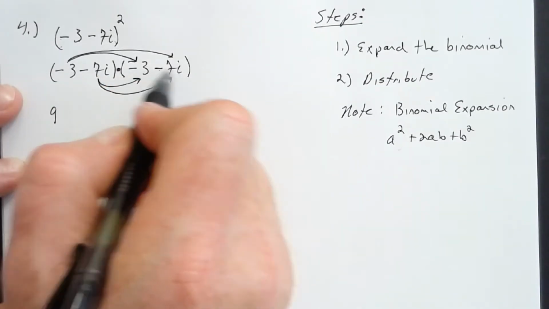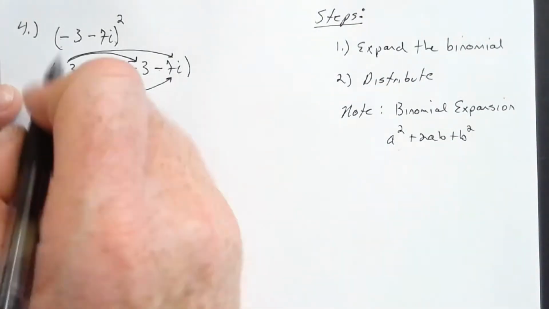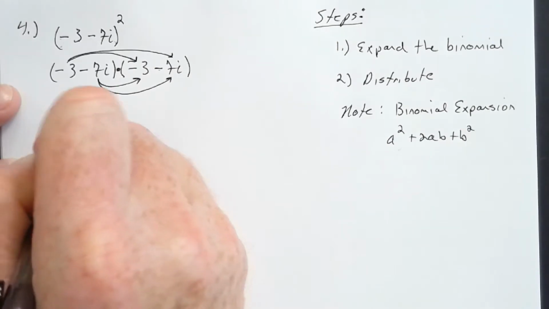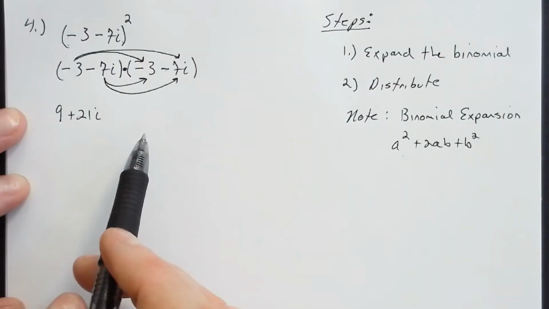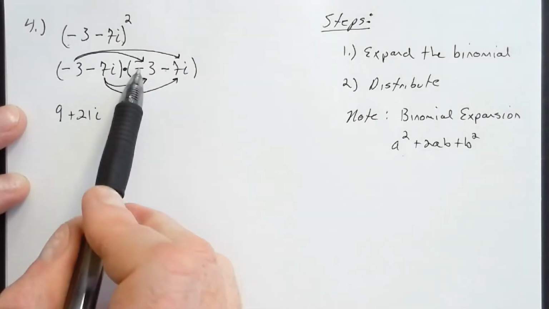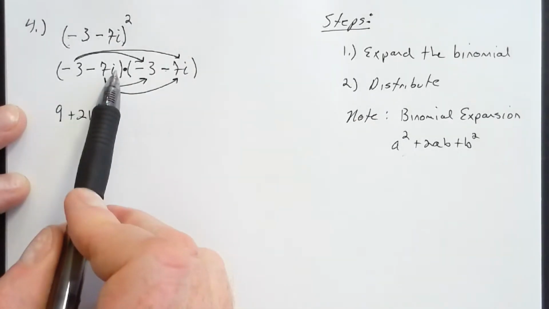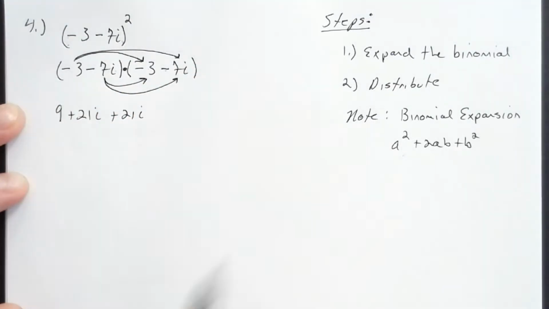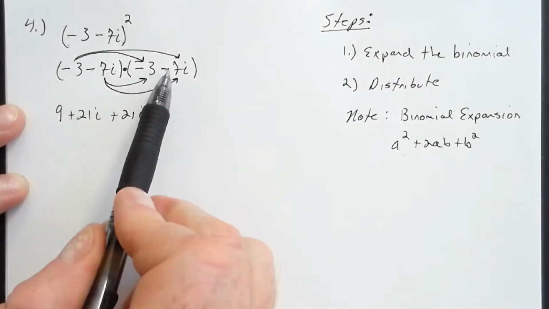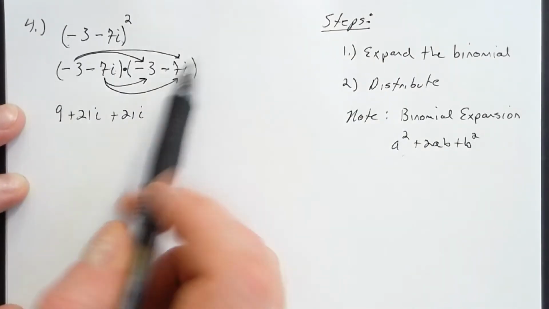Minus 3 times minus 7i is plus 21i. Minus 7 times minus 3i is going to be plus 21i. And then minus times minus is a positive, and then we have 49i squared.